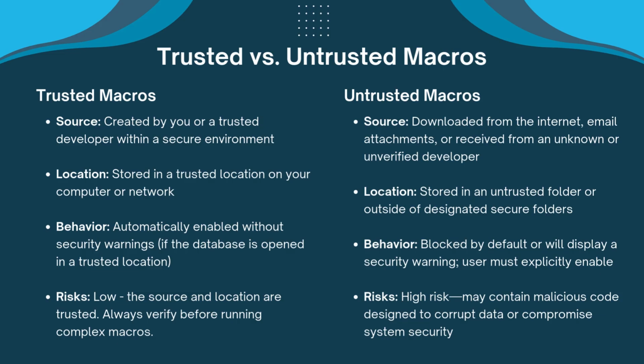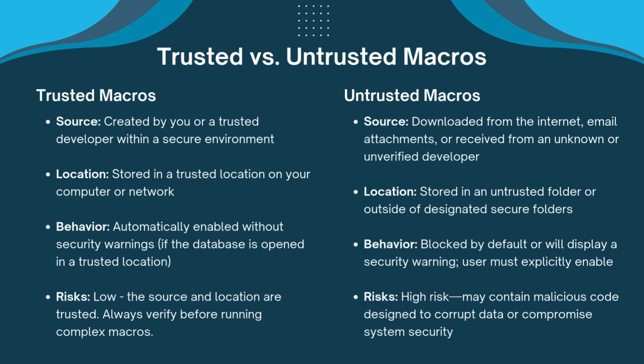Now let's talk about the difference between a trusted and untrusted macro. A trusted macro is one that you created yourself or was developed by a known, reliable source. It's stored in a safe, secure location, like a designated folder on your network, and it runs automatically without security warnings.